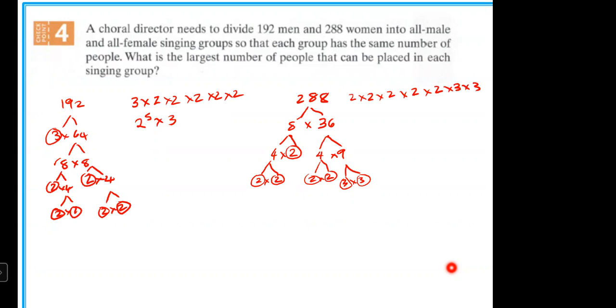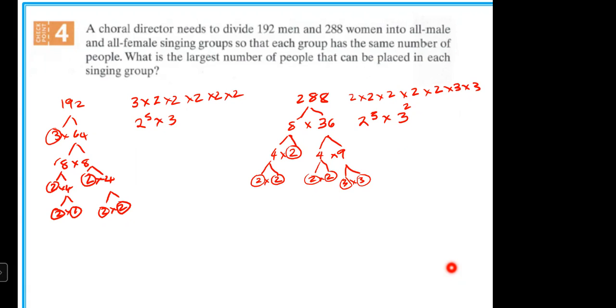I have 1, 2, 3, 4, 5 twos, and then two 3s. So that would be 2 to the 5th power times 3 to the 2nd power. Okay, thank you, Ms. La Rochelle.